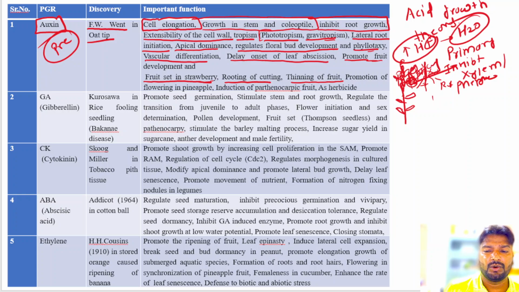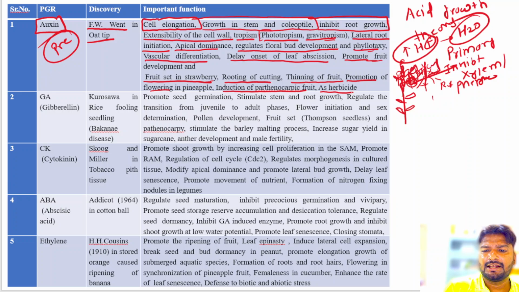So auxin hormone does the thinning, okay. Then promotion of flowering in the pineapple. So in the pineapple, auxin hormone promotes flowering. Okay. Then induction of parthenocarpic fruits. So the parthenocarpic or seedless fruit is induced by auxin.